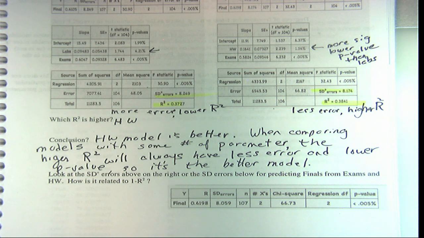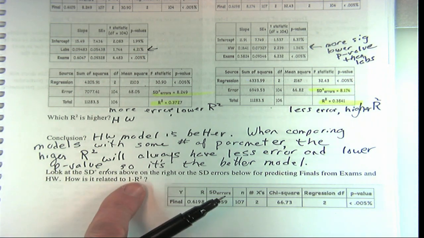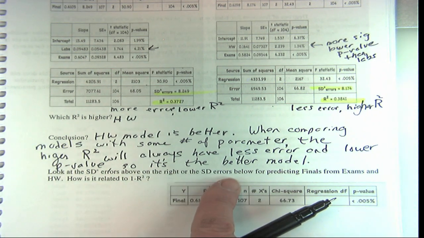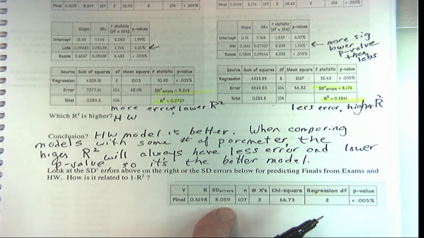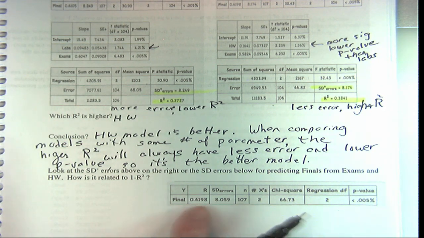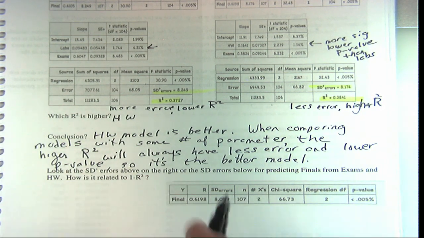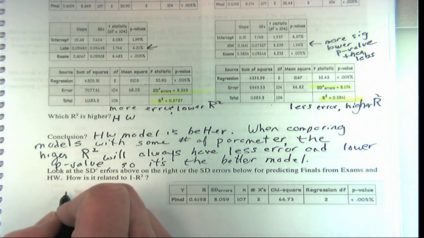Okay? All right, now I just want to draw your attention to this SD plus errors. So look at this SD errors here, right? And the SD plus errors, that we've been looking at before. So what is going on? I would just want to remind you.